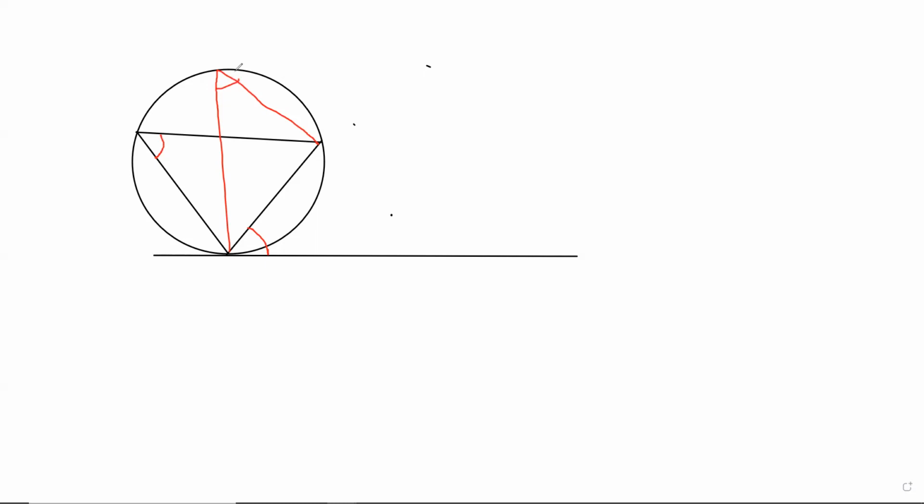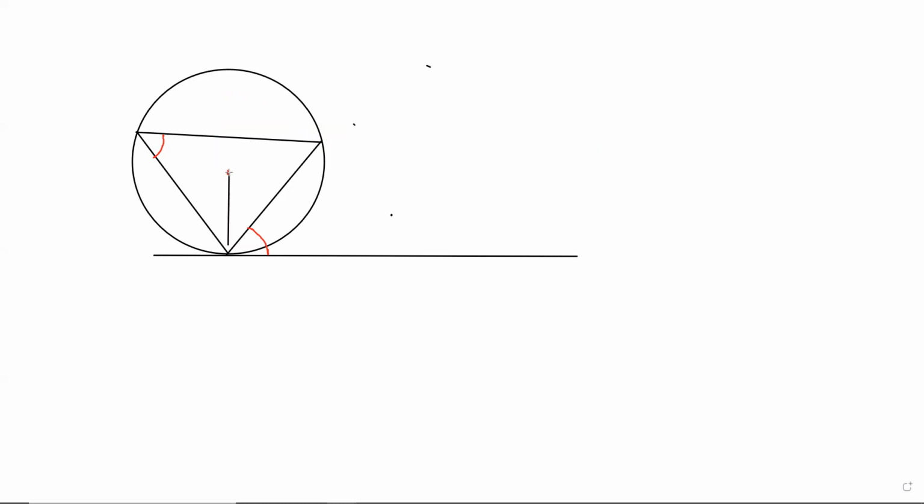This is something that we know. Can we prove this quickly? It is a standard theorem that is part of the school syllabus even. How can we prove this?